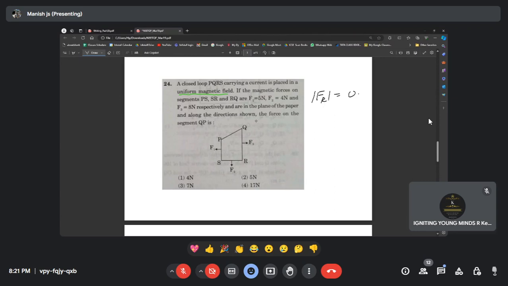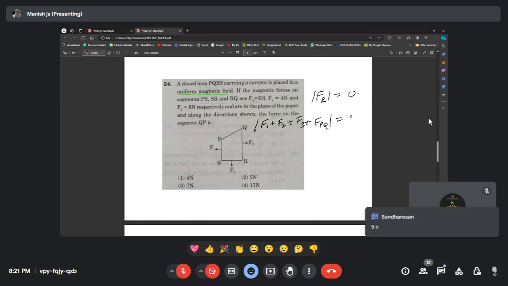I'm going to expand this term, which means the force due to each and every segment in this loop. Force due to the first segment, let me take it as F1, is already given. Force due to the second segment is F2. The third segment is F3. The fourth segment we don't know, so I will take it as FPQ.